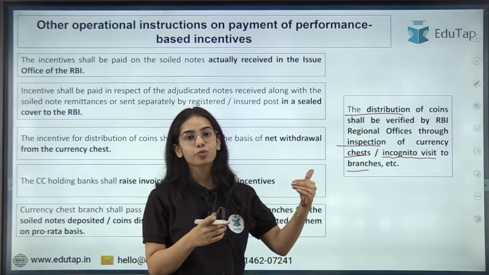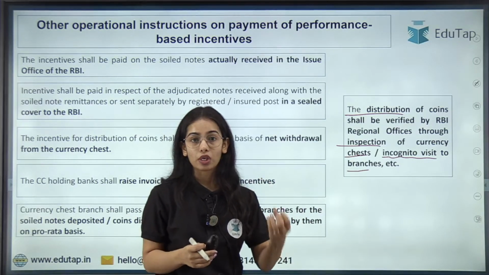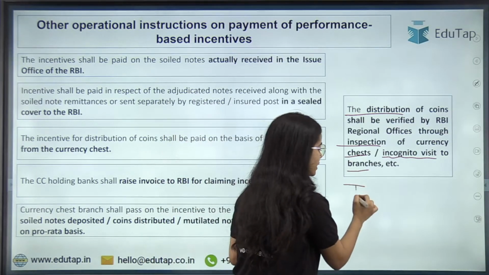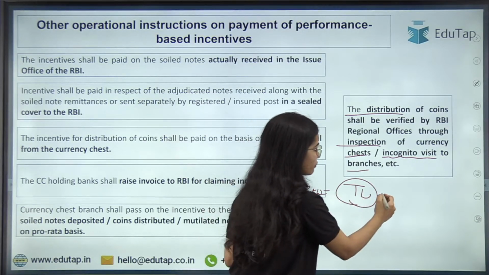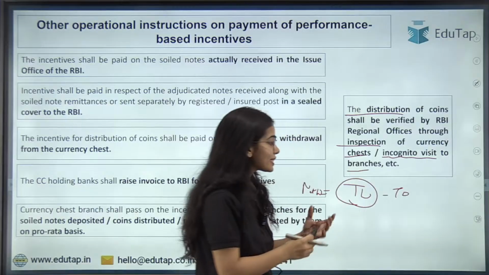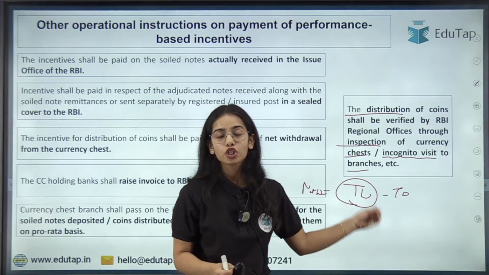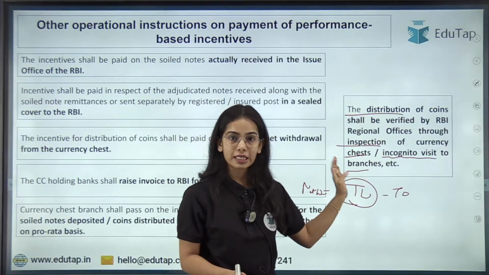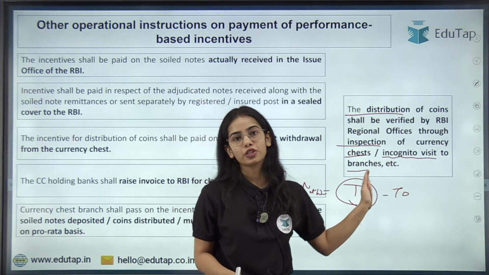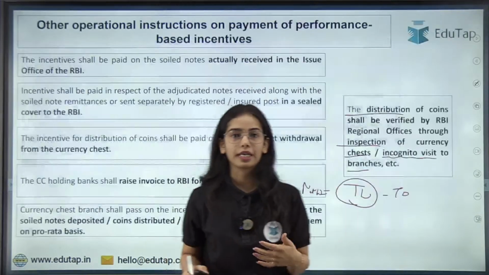So actually, is the distribution of coins happening or not? The total withdrawn coins that is shown, and the net withdrawal that is shown, that is total withdrawal minus total deposits, are these the correct numbers? That has to be checked by the regional offices through inspection of the currency chest or incognito visit to the branches. Okay, so this is the idea.